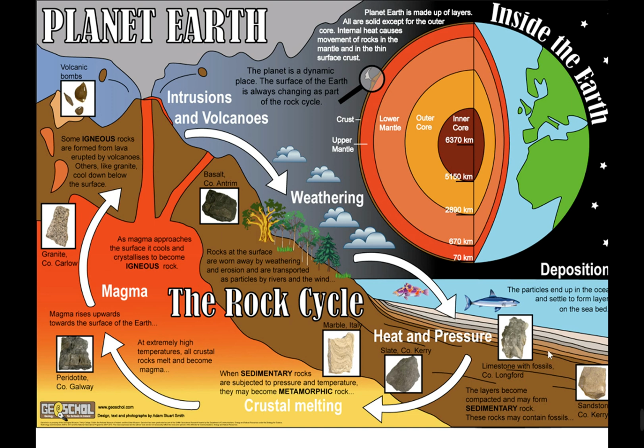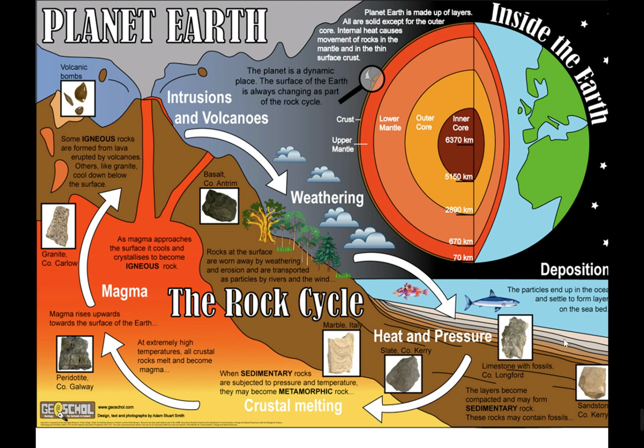So what's happening here with these layers is that you've got sediments building up, and these sediments might be broken down rocks from the surface. These sediments can also be the remains of dead sea creatures, so ancient fish life, sea snails, shells, crabs, etc. And as those sediments build up at the bottom of oceans, sometimes in the bottom of lakes, the pressure from the layers on top will make them form into sedimentary rocks.